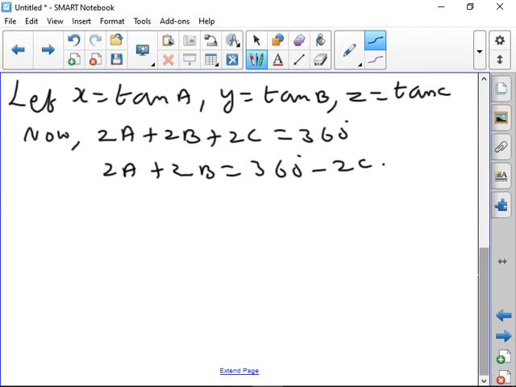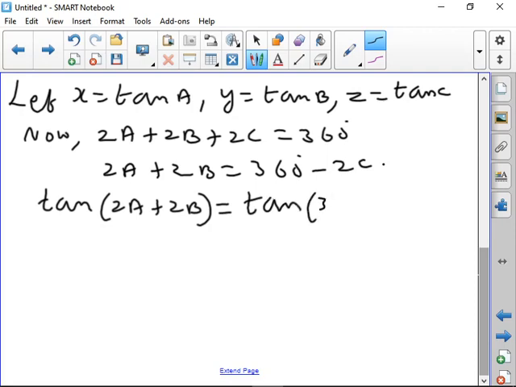So taking tan both the sides, tan of 2a plus 2b is equal to tan of 360 minus 2c, and it is in which quadrant? 360 minus 2c is in the fourth quadrant. So it is minus, 360 is even, so we get minus tan 2c.